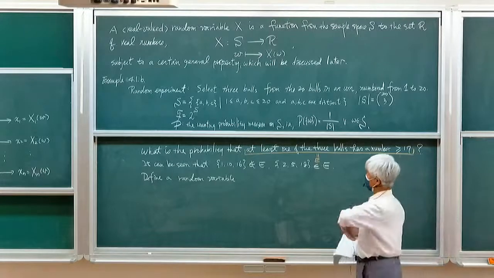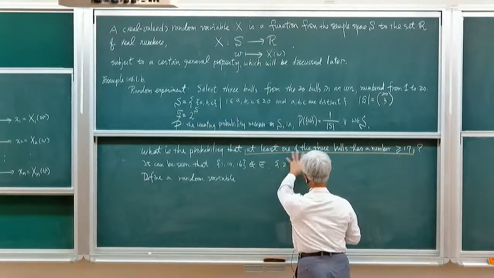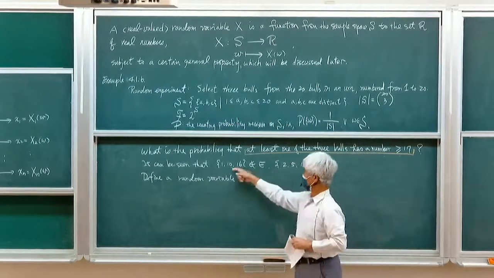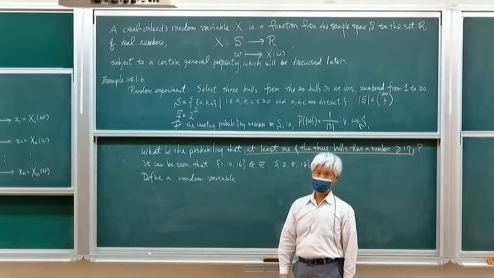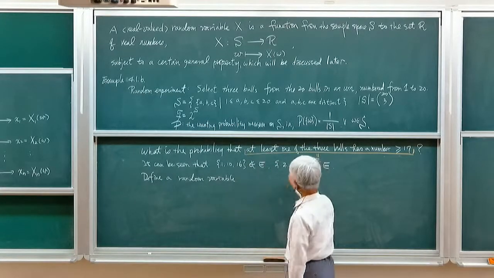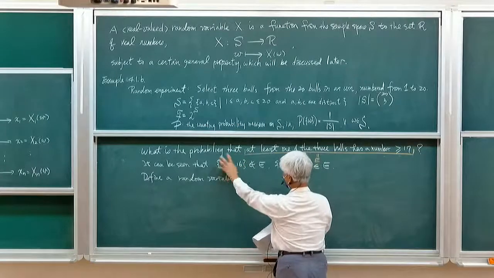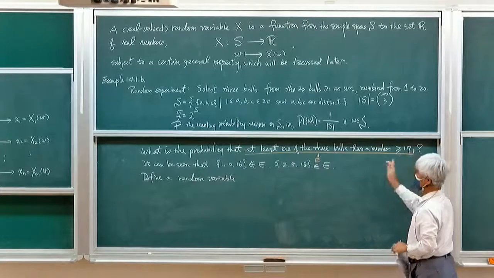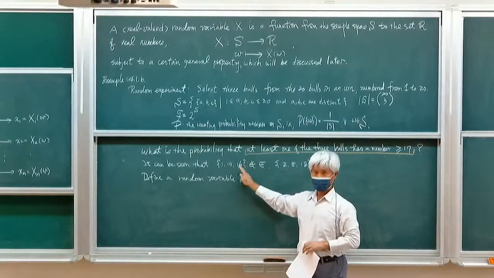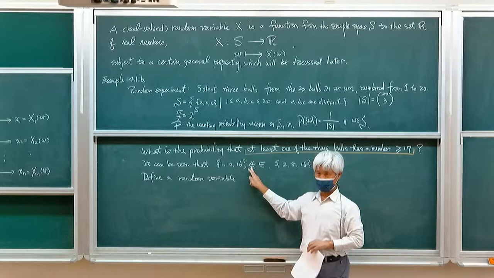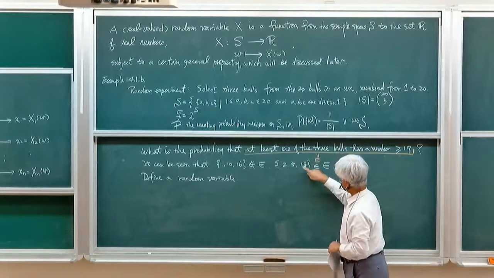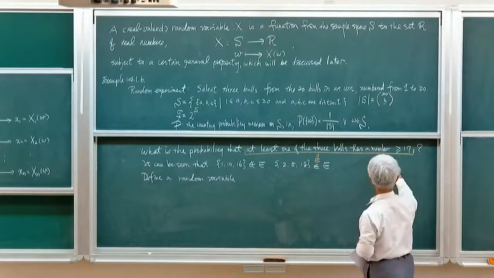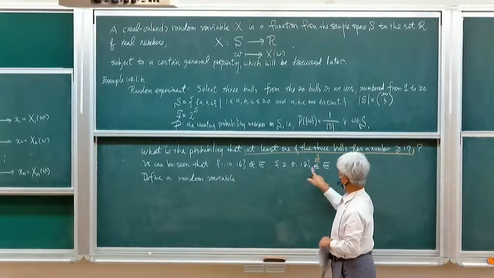What kind of features can we extract from an outcome like this one? When we look at this lot, we see the largest number is 16, but 16 is less than 17, so of course this outcome is not in the event. Here, the largest number is 18, and 18 is greater than or equal to 17, so this outcome is in the event E.